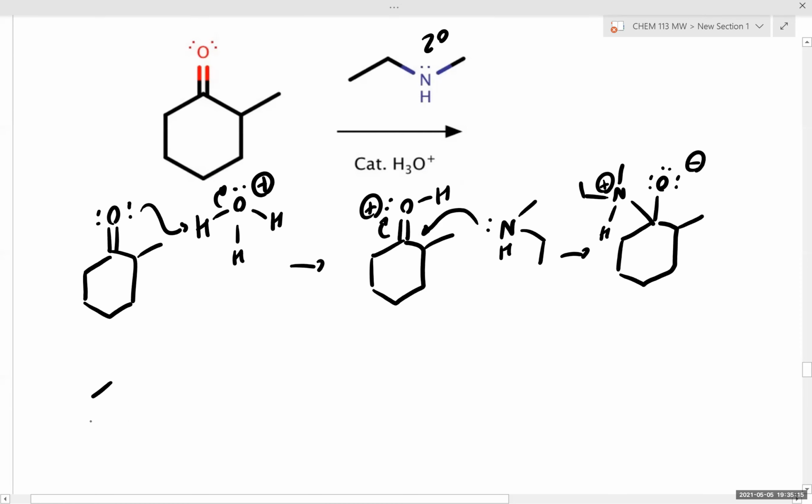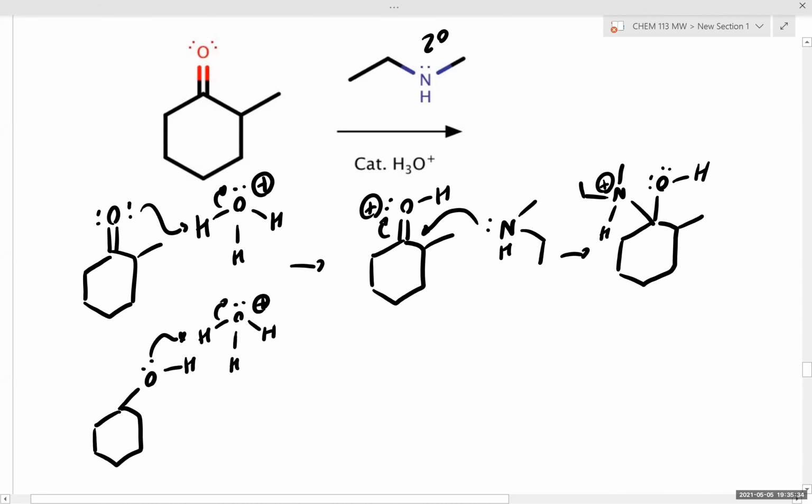From here, we're going to engage in a series of proton transfers to activate water as a leaving group and to free up a lone pair on our amine nitrogen.